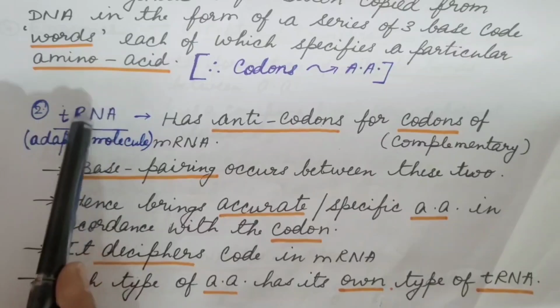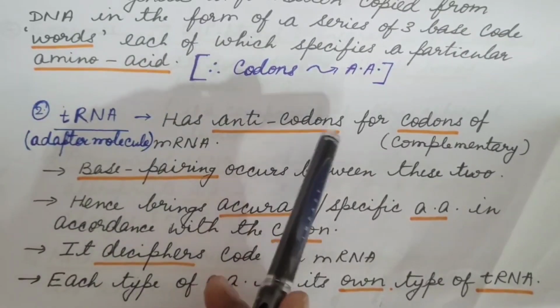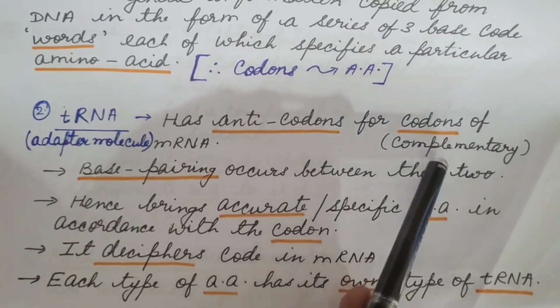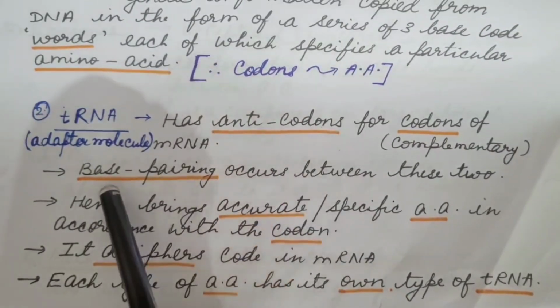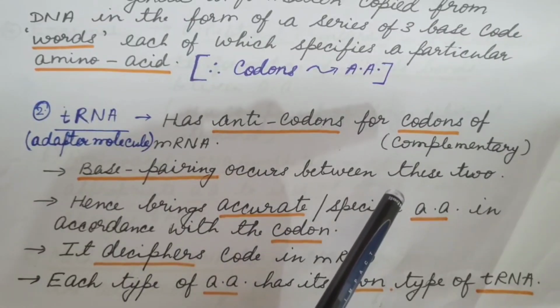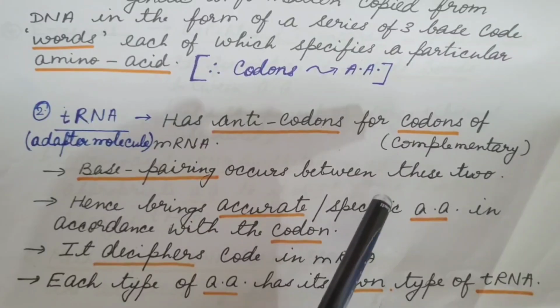Second is transfer RNA, which is an adapter molecule. It has an anticodon for codons of messenger RNA, and these codons are complementary to anticodons. Hence, base pairing occurs between the anticodon and its complementary codon.